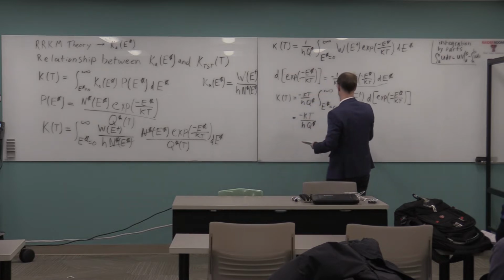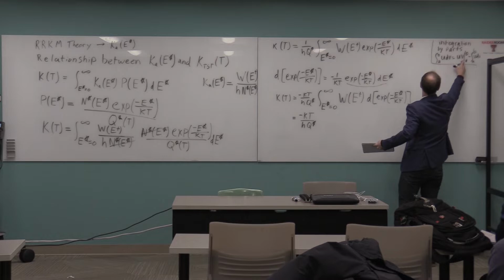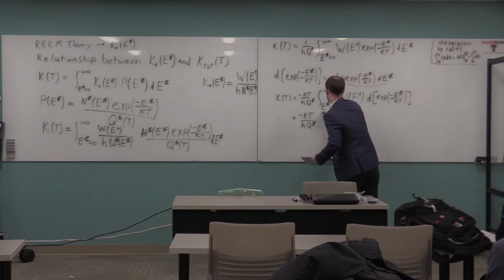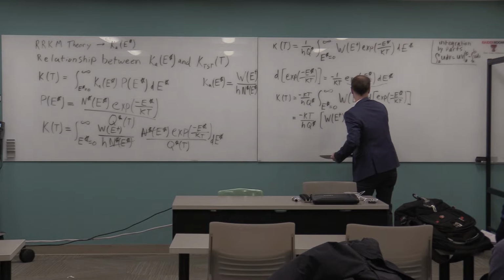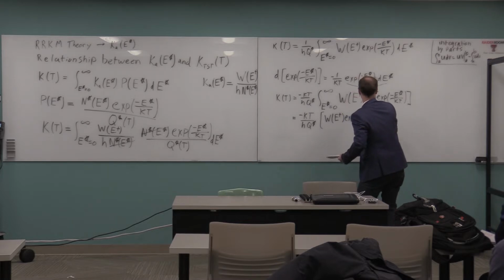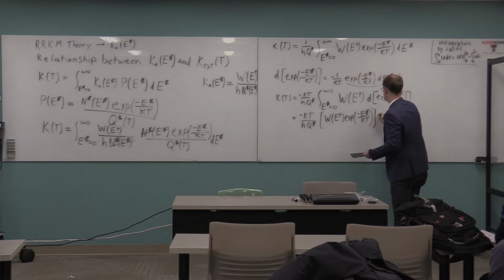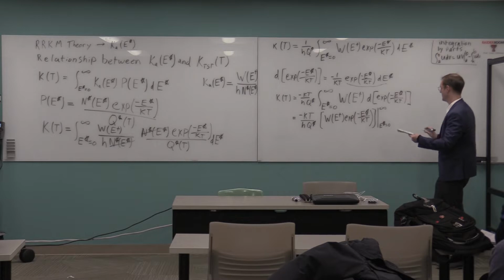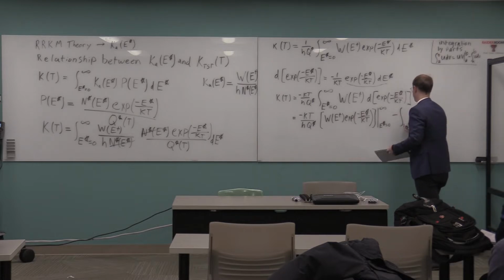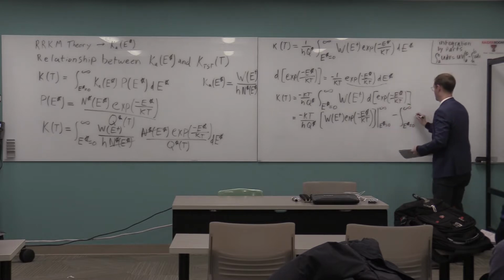And then we take U times V, which is going to be W of E plus times exponential minus E star over KT. Right, and so this has to be evaluated at E star equals 0 to infinity.